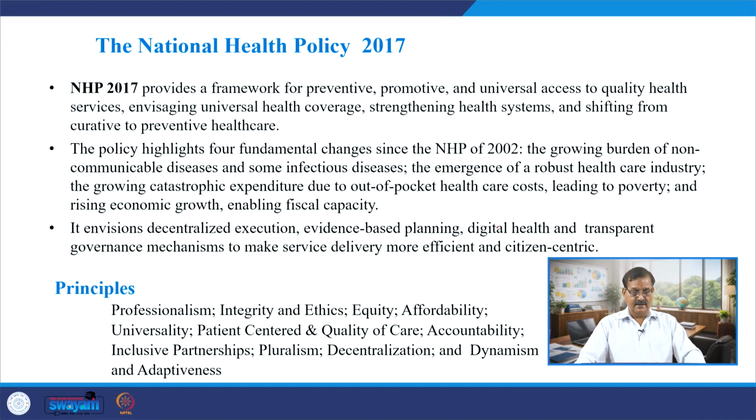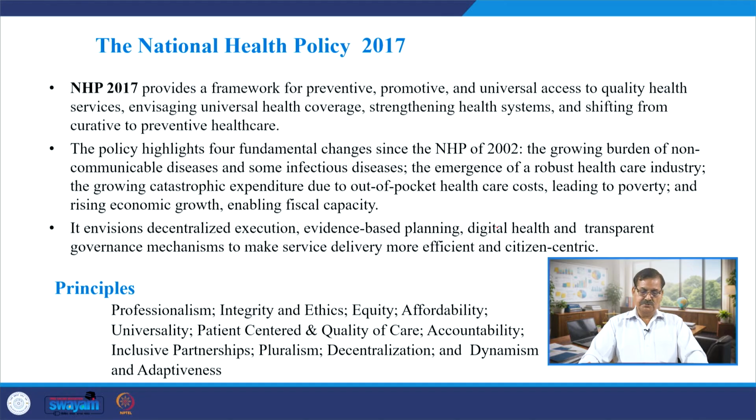So now we can discuss in detail the latest policy after briefly reviewing the three healthcare policies, and this policy actually provides a framework for preventive, promotive and universal access to quality health services. Preventive is very, very important because prevention is better than cure. So if we can create such an environment, through creating a good environment, providing safe drinking water, sanitation, and many other primary healthcare services, then we can prevent the disease.